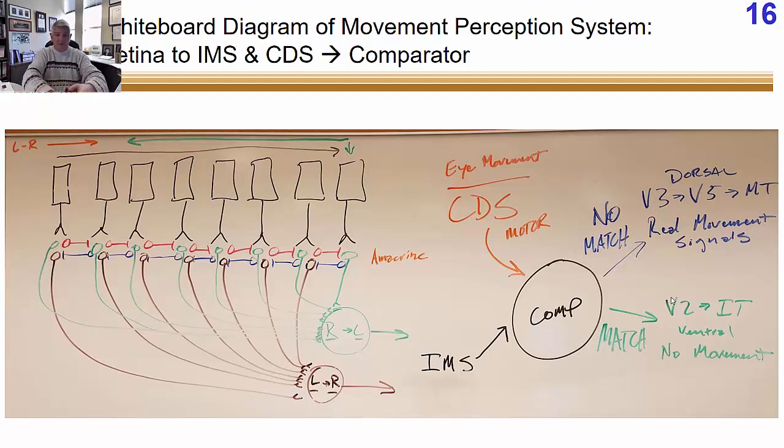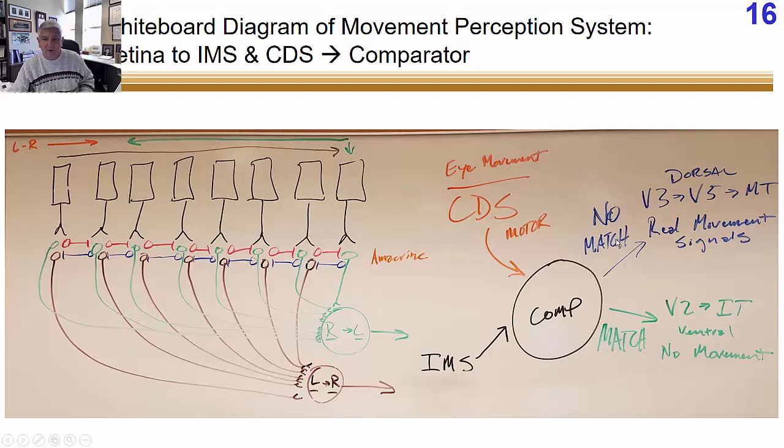If we were in the classroom, I'd draw you a nice picture like this, but this will work well. I've animated it a little bit. So we have our eye movement signal, a motor signal coming into the comparator. We have these direction-specific movement signals coming in from the retina, the IMS, right?